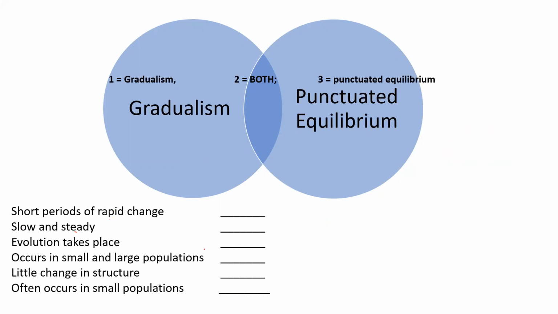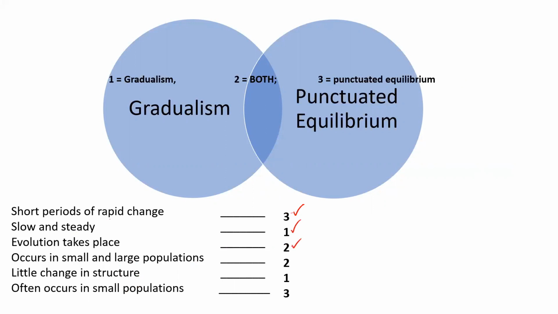Evolution takes place, occurs in small and large populations. Little change in the structure, the morphology, often occurs in small populations. Well, the answers here are three: rapid change, punctuated equilibrium; slow and steady, gradualism.